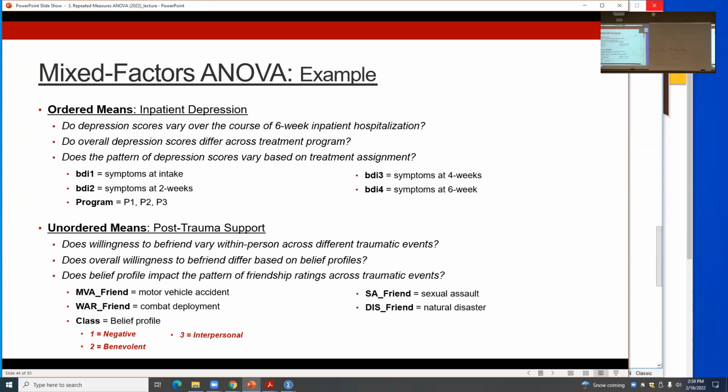The question is, does willingness to befriend vary within people across different traumatic events? So what we're saying is, collapsing across group, ignoring profile, do we see differences in the pattern of how people respond to these individual vignettes, the friendship ratings? Okay.